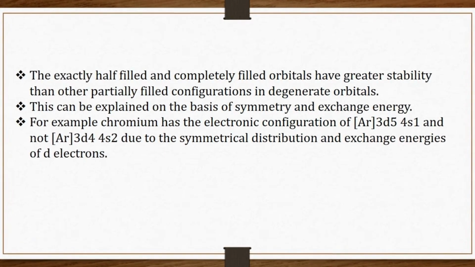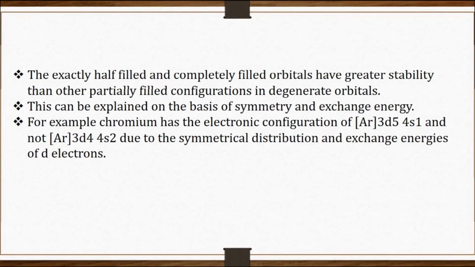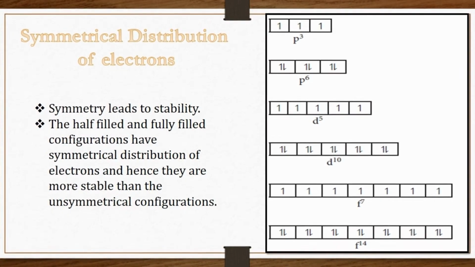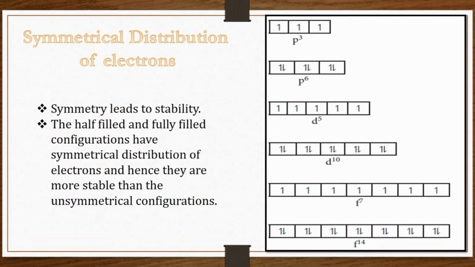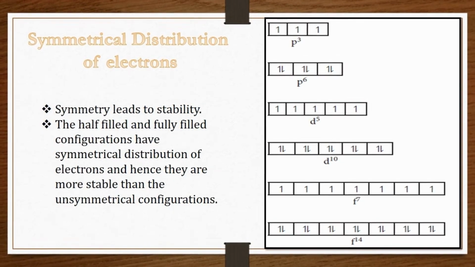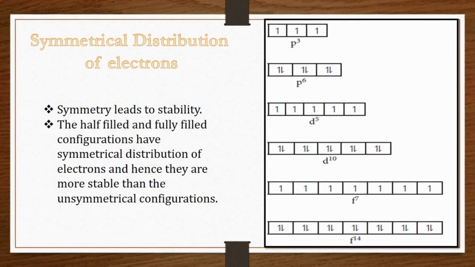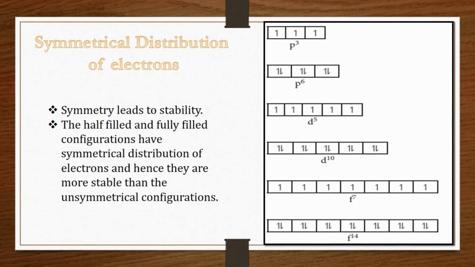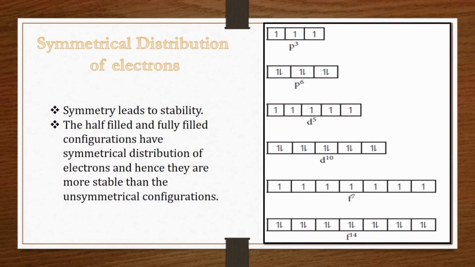Let us learn these two reasons in detail. The first reason is the symmetrical distribution of electrons. Here, towards the right hand side, you can see the cases where the distribution of electrons is symmetrical, and symmetry always leads to stability.